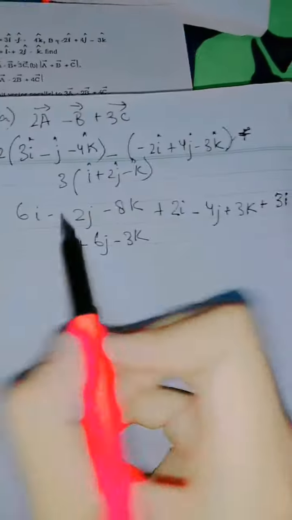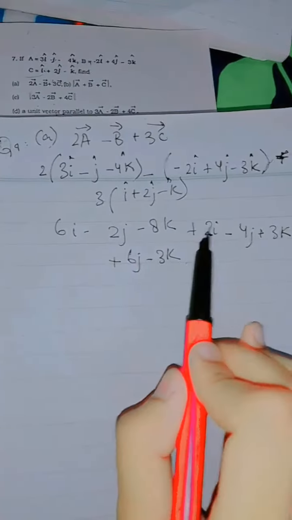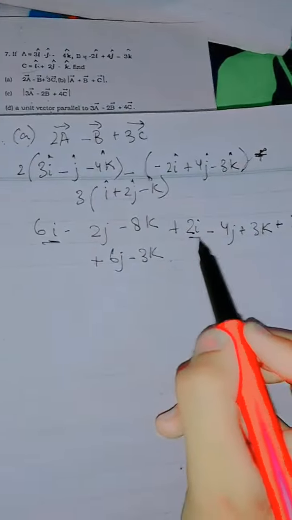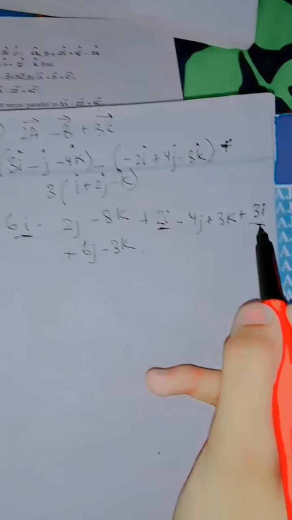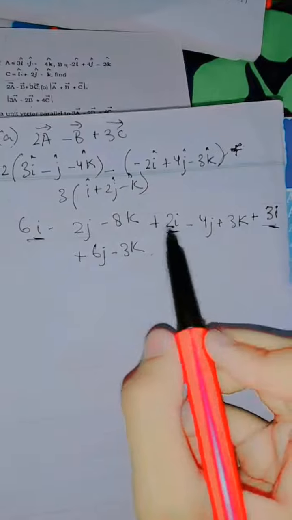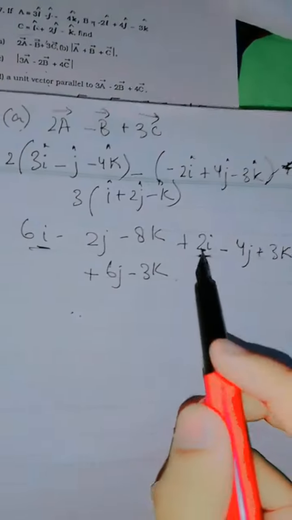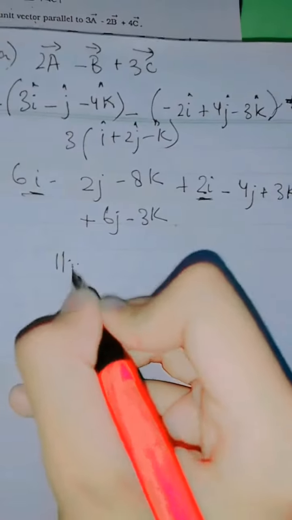Now we'll be adding and subtracting, first of all the i values, that is 6i, 2i and 3i. All are plus values. It will be 6 plus 2 is 8, and 8 plus 3 will be 11i.